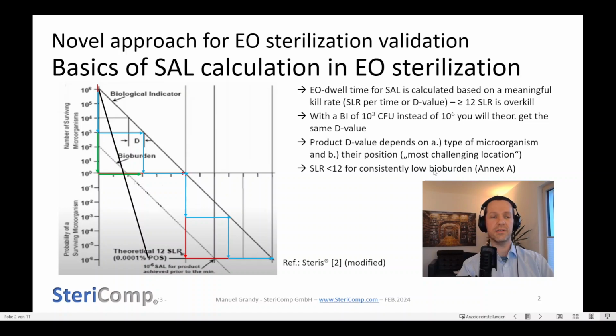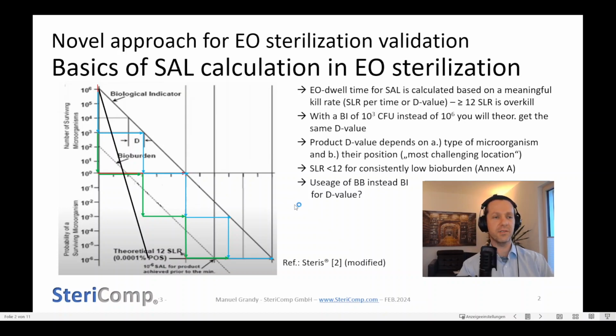If you have consistently low bioburden, you could go for Annex A of the current standard and simply show, for example, 9 spore log reductions. So this would appropriately address the fact that you have a very low and consistent bioburden, rather than placing a BI of lower population. So I hope this is clear now.